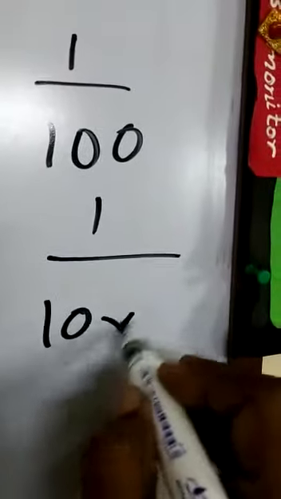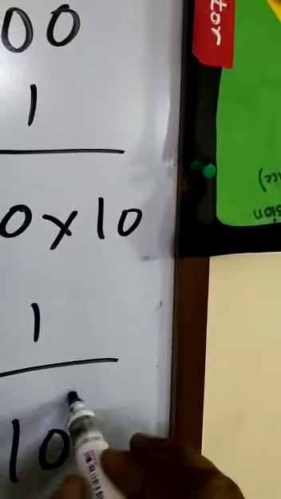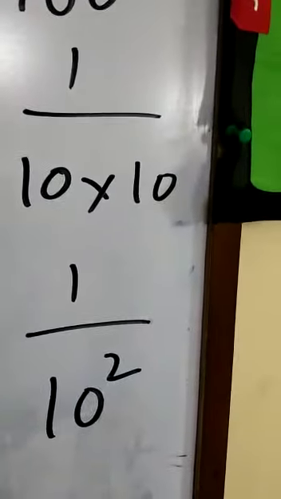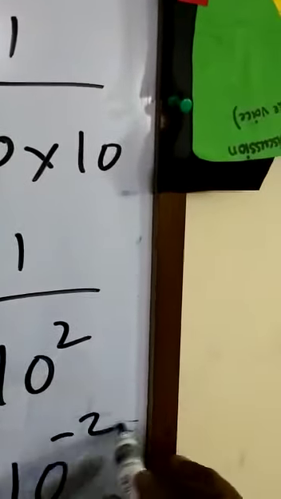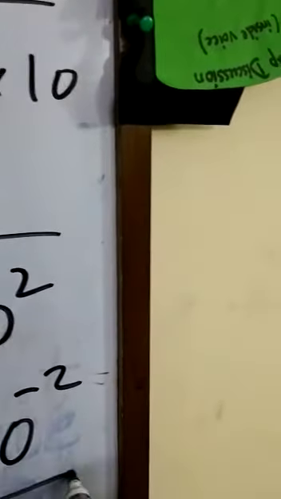Now 1 upon 100 means 10 into 10. This is 10 into 10. This will become 10 to the power 2, and this will be 10 to the power minus 2. d is minus 2. Okay. Now this is your answer.